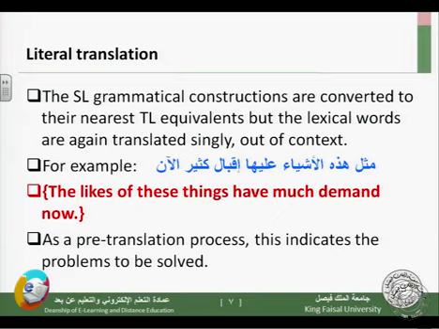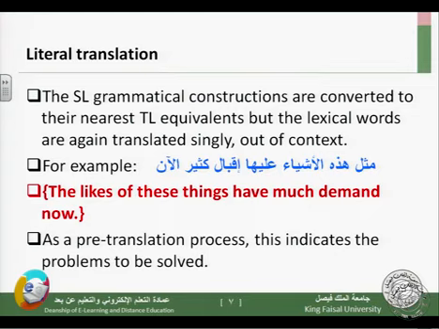Now, the second method, again, emphasizes the source language. Literal translation. What is a literal translation? It means the source language grammatical constructions are converted to their nearest target language equivalents.